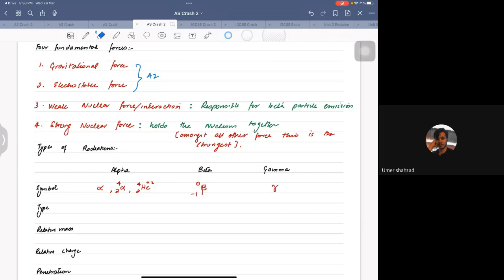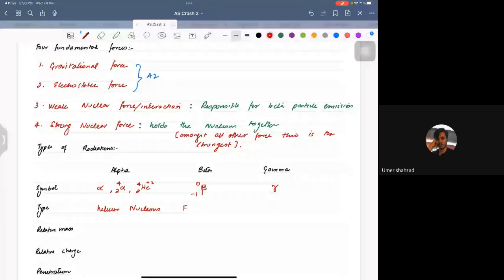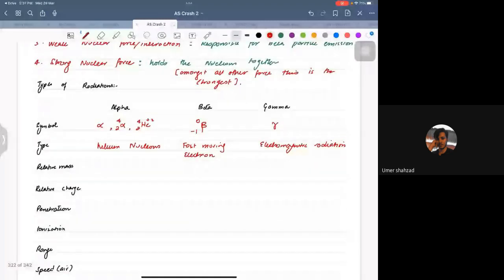The type: this is helium nucleus. This is fast moving electron, and that is electromagnetic radiation. Now, relative mass of alpha is 4u.